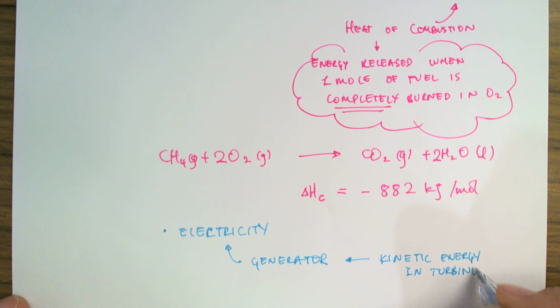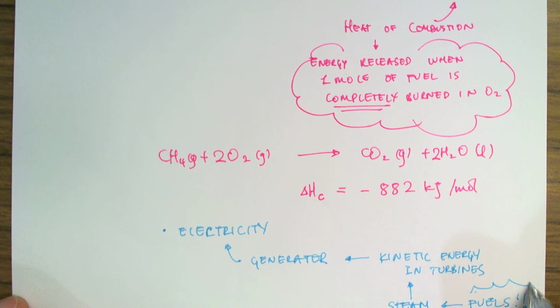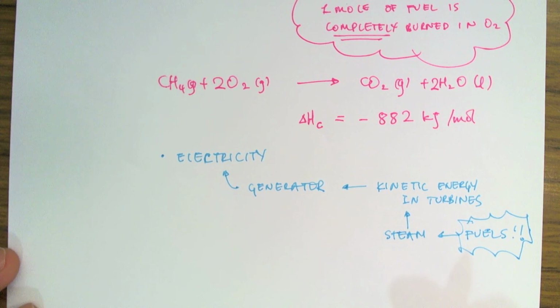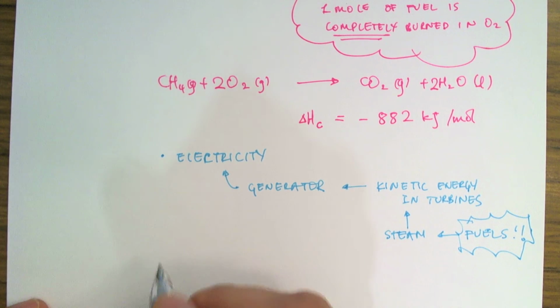And what turns the turbines? It's the steam that comes from the burning of fossil fuels. Right, so you burn the fossil fuel, which heats the water, thereby turning the generator and giving us electricity.